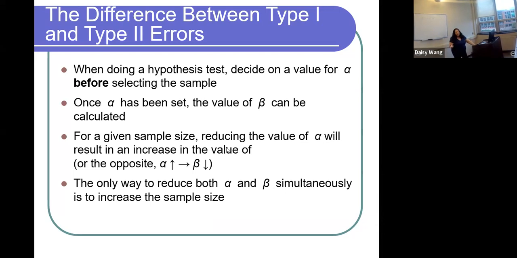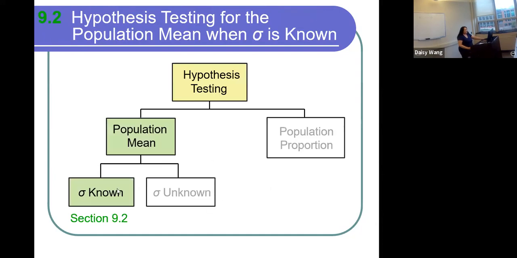When the sample size is big enough, it will also converge to the true value. Whenever alpha is up, beta is down. Then the first thing we are going to do is we know and question.